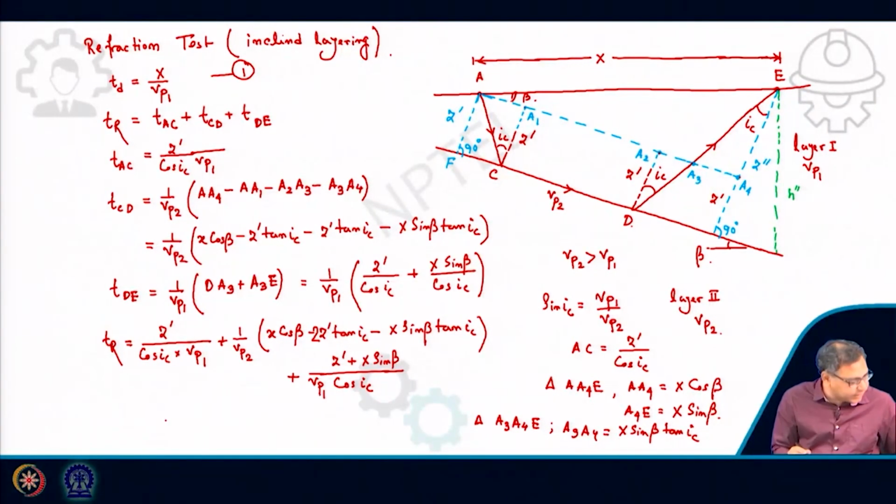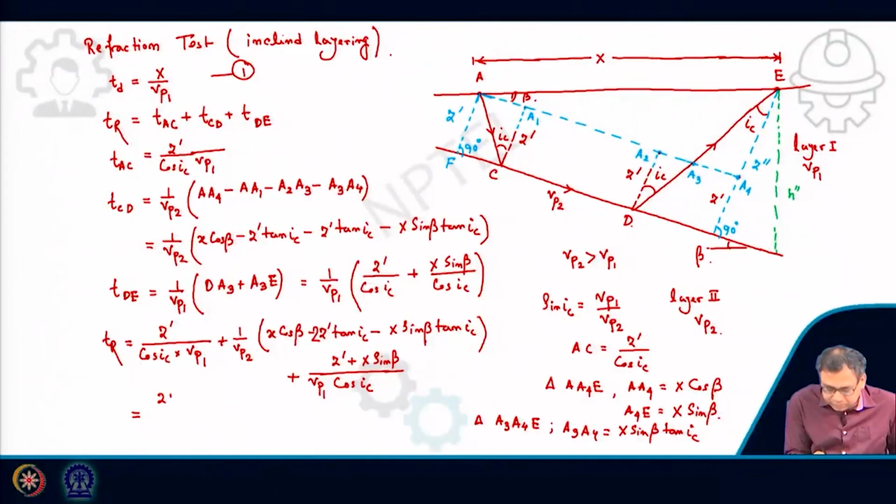So, this is the expression, and if I further simplify that, then I will get Z dash cos IC by VP1, this is also Z dash cos IC by VP1.